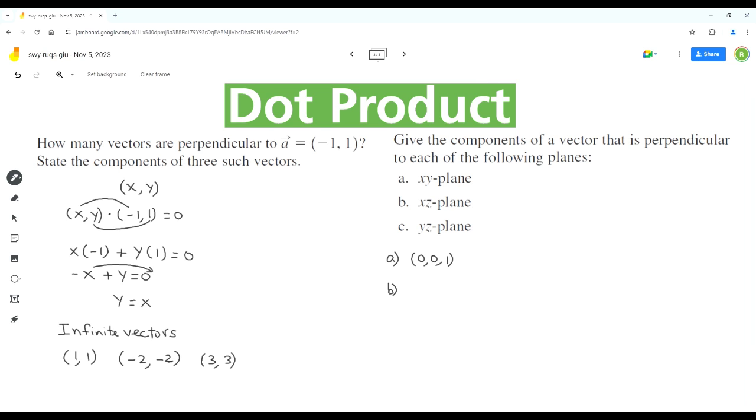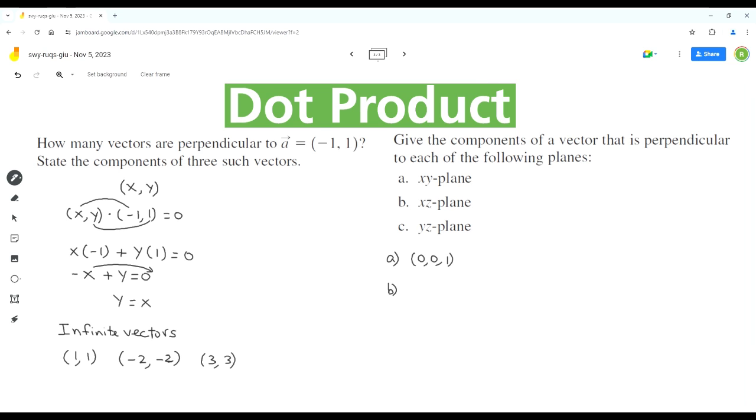Now we can analyze part B, xz plane. So xz plane lies along the x and z axis. The y axis is perpendicular to xz plane because y axis is perpendicular to both x and z axis.